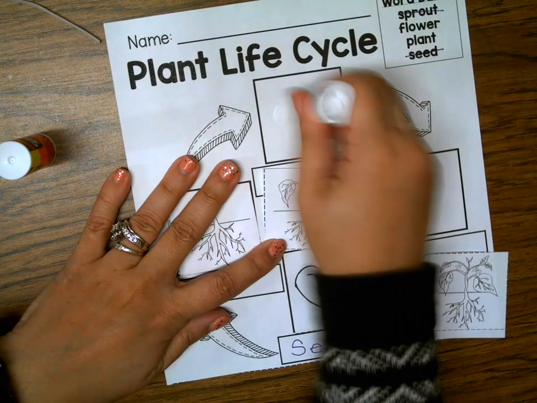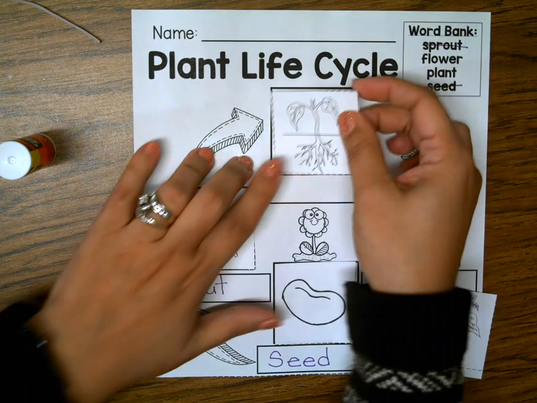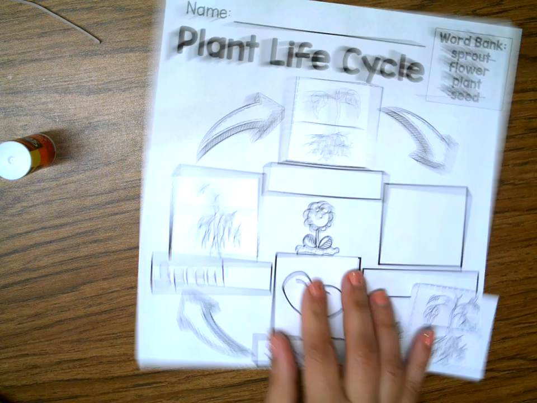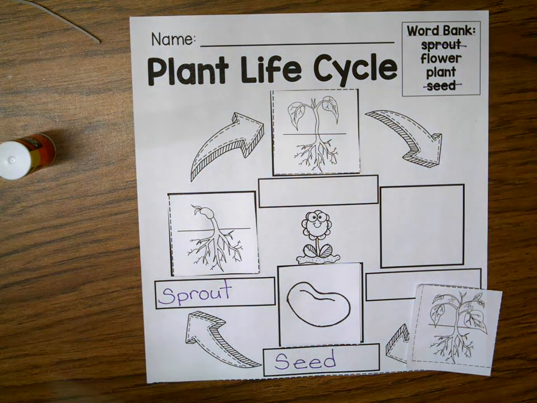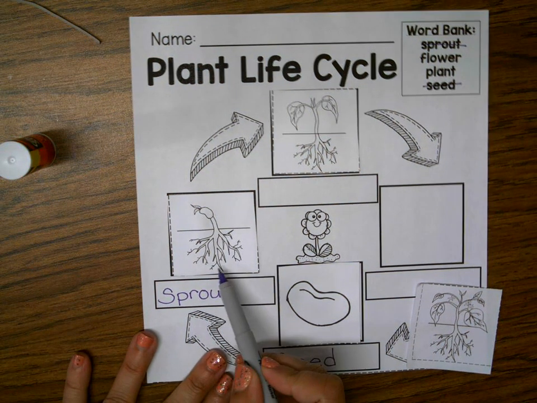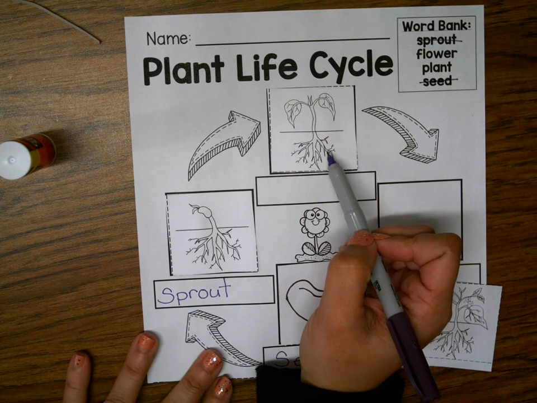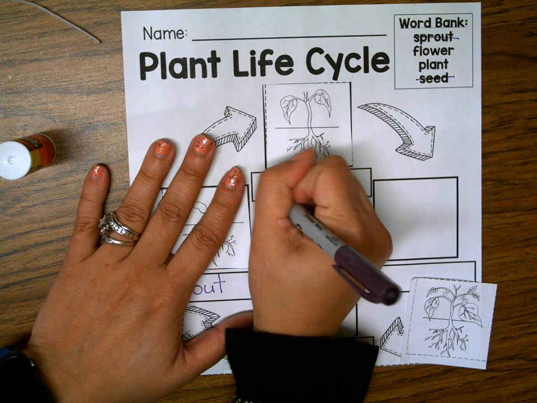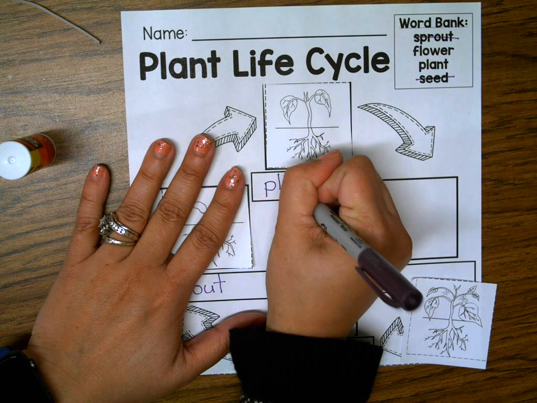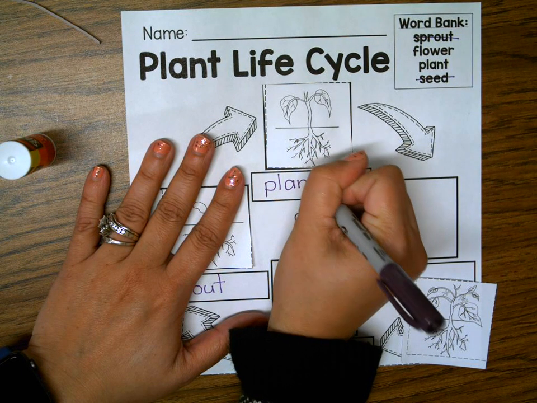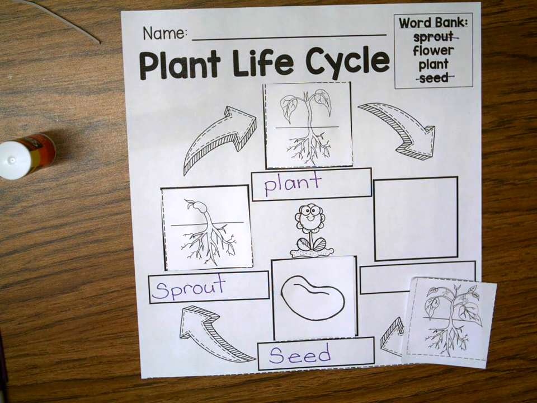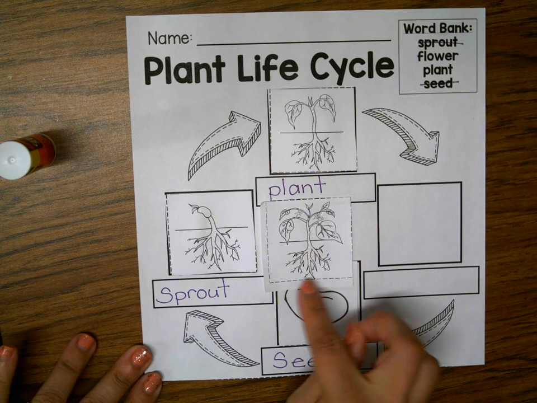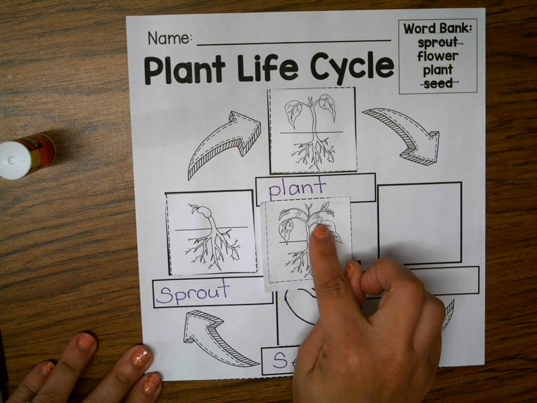We're going to place the glue there and add it into the top box. So we have our seed, we have the sprout, and now it has grown into a little plant. P-L-A-N-T, plant.